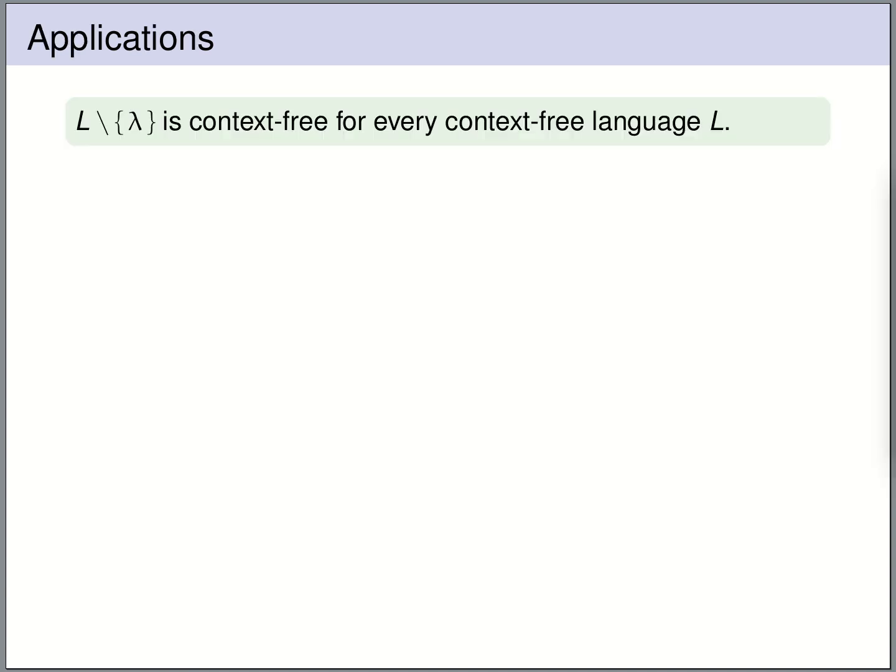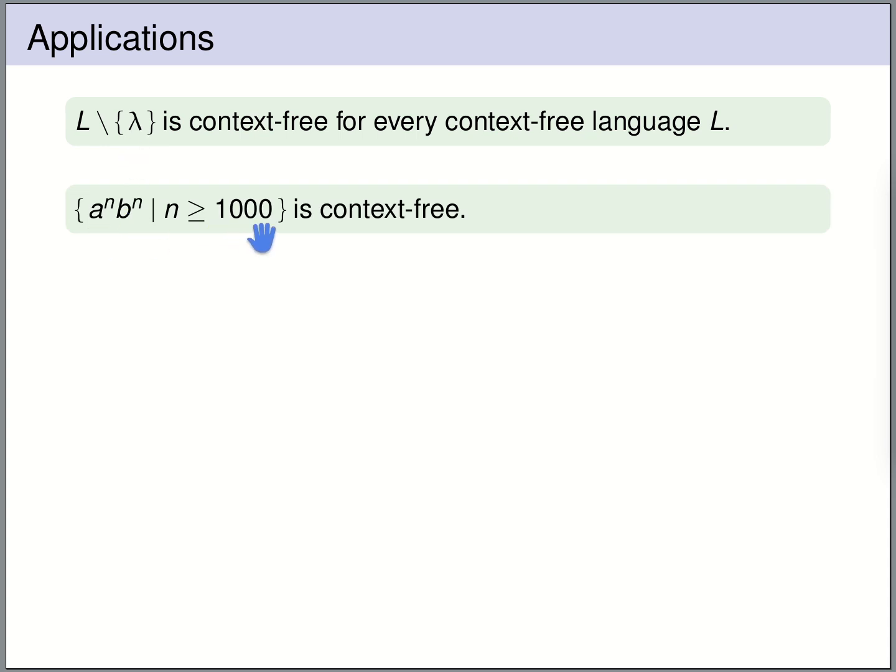We can use the theorem that we've just seen to prove that certain languages must be context-free. For instance, if we have a context-free language and we remove a finite language from it, so for instance here just the empty word, finite languages are always regular, so the result must be again a context-free language.